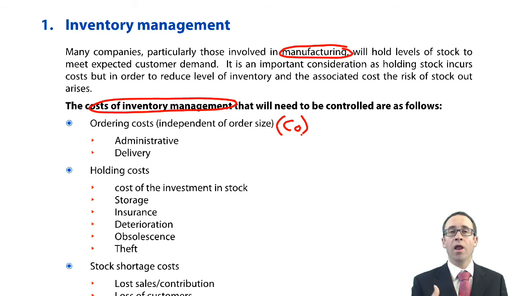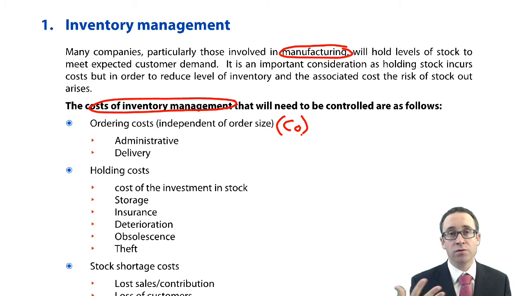If we just put in one large bulk order at the start of the year, that wouldn't take up too much administrative time. But if we had to make an inventory purchase every day of the working week for the entire year, then that's going to increase those order costs, isn't it? So they're just parts of the overall ordering costs.